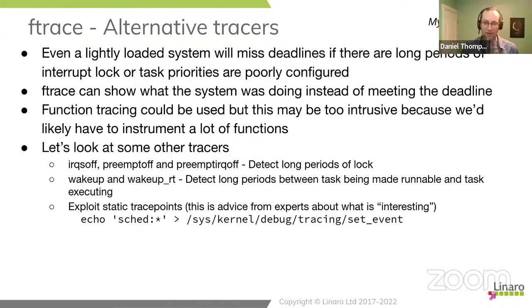It's advice from experts. In particular, we have the scheduling trace points, which are basically all the interesting events that happen in the scheduler. Context switches, decision making, steering, lots and lots of bits like that.